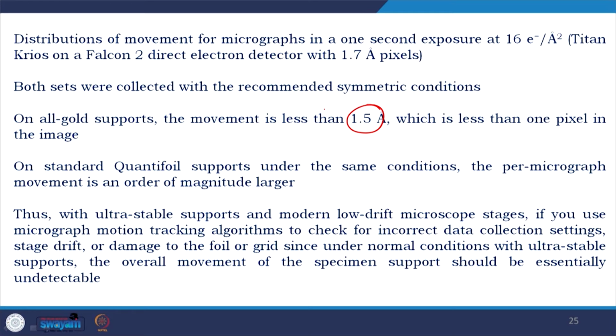On standard Quantifoil support under the same condition, the per-micrograph movement is an order of magnitude larger than this. Thus, with ultra-stable support and modern low-drift microscope stages, you can use micrograph motion tracking algorithms to check for incorrect data collection settings, stage drift or damage to the foil or grid, since under normal conditions with ultra-stable supports, the overall movement of the specimen support should be essentially undetectable.